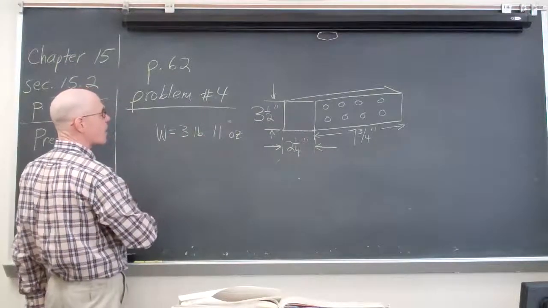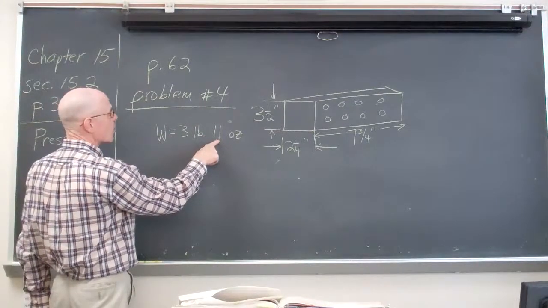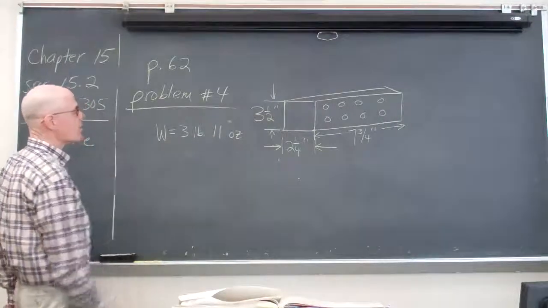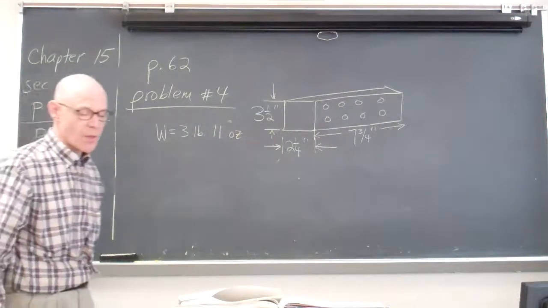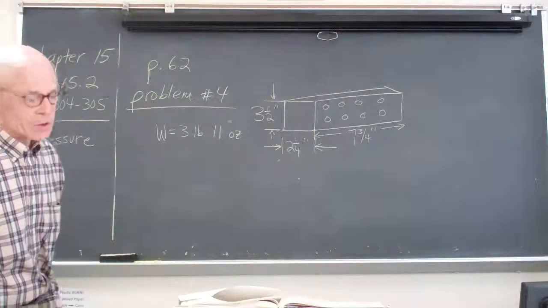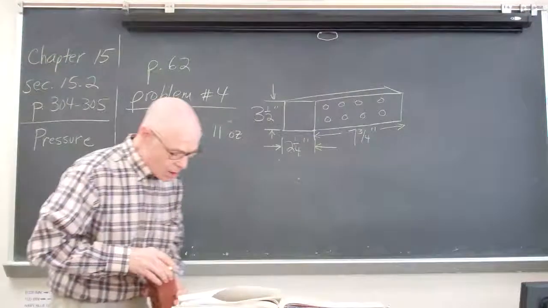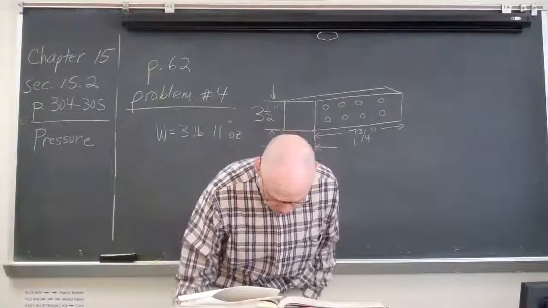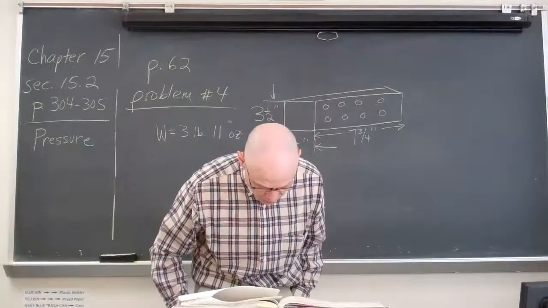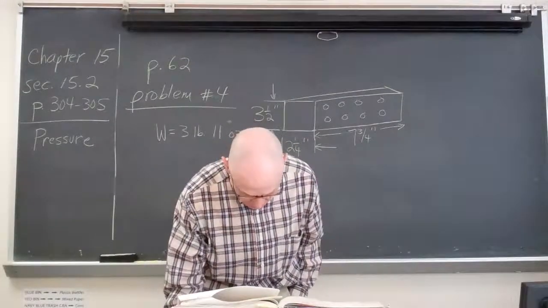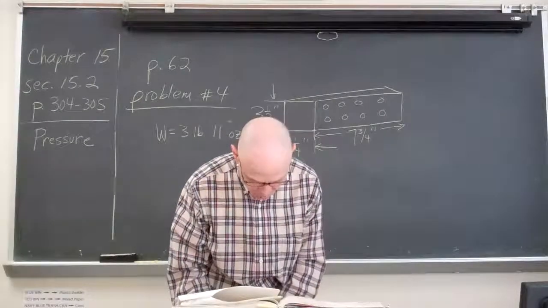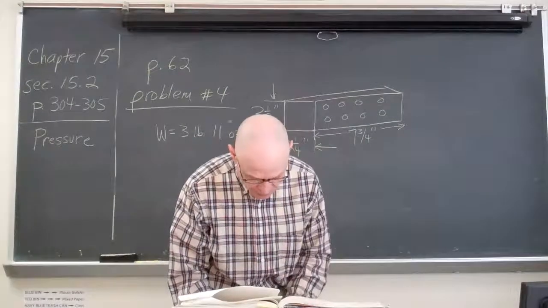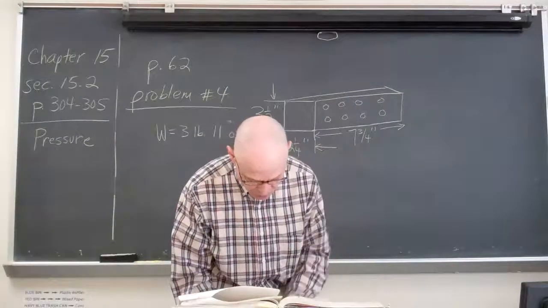You'll have to convert the 11 ounces to pounds and add it to the 3 pounds. So you'll be working in decimals. You can look up the conversion between ounces and pounds. So you can work that problem 4 on page 62, and then you can ask questions about that tomorrow.